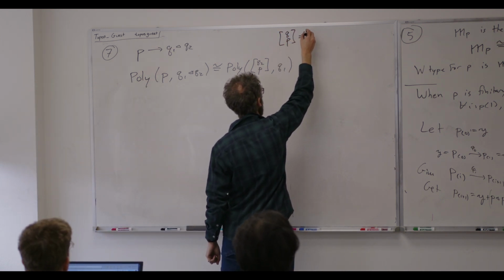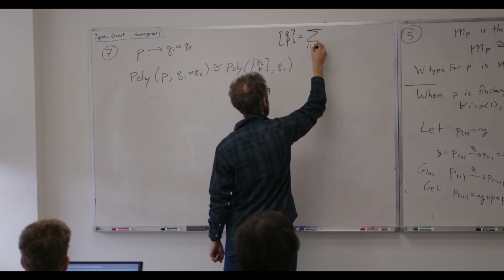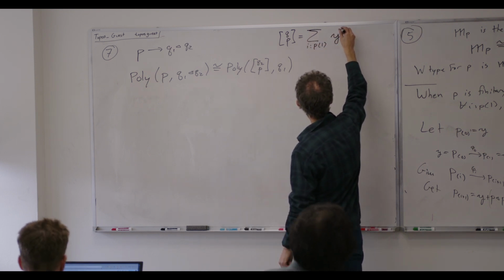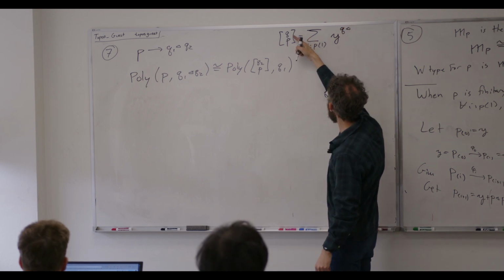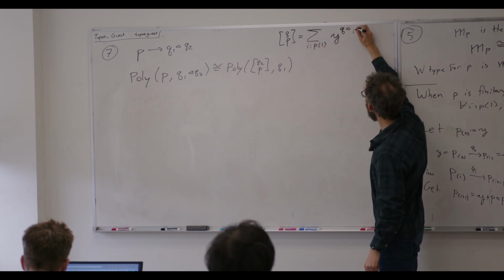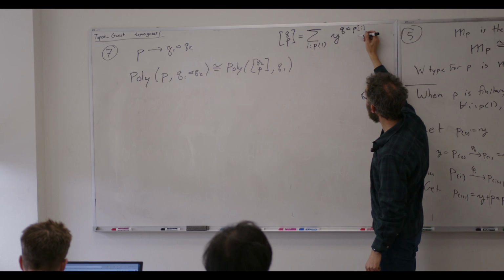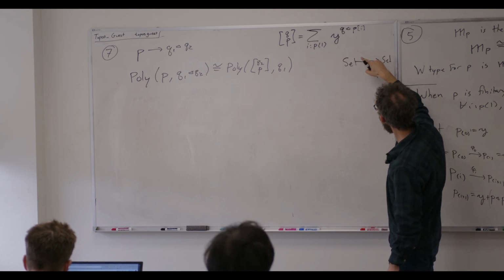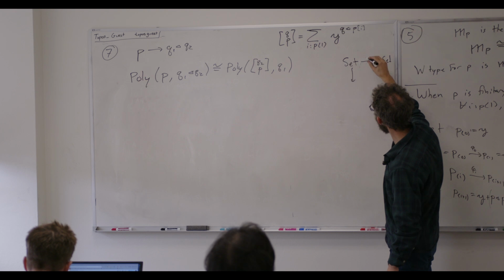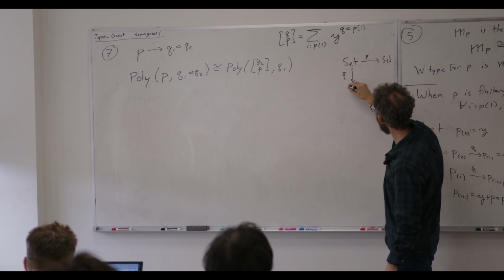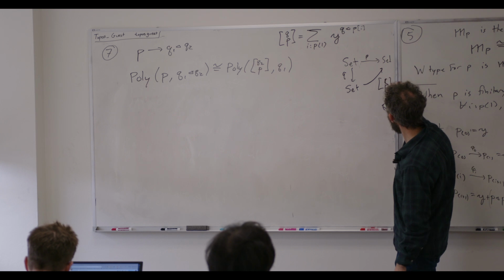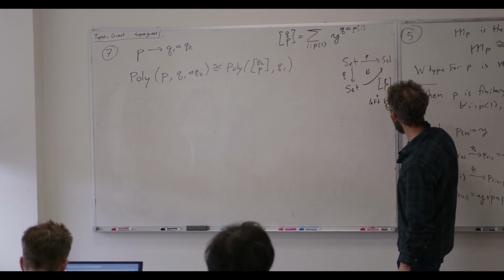Remember, p bracket q2 is the sum over i in p of 1 of y to the q, where the q is upstairs, and then p bracket i. If you like words like Kan extension, then we would say that poly has all left Kan extensions.